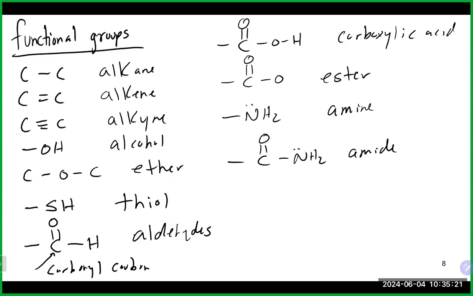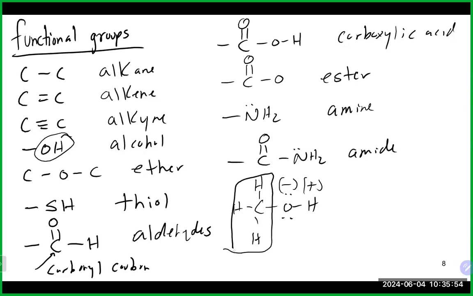For example, something with an OH group will have the ability to hydrogen bond in certain situations because that OH group is a polar group. In certain cases, if it's not too big of an organic molecule, for example, if you took something like methanol, which is this guy right here. Methanol has this polar group where the oxygen is more negative and the hydrogen is more positive, while the other part of methanol is nonpolar.